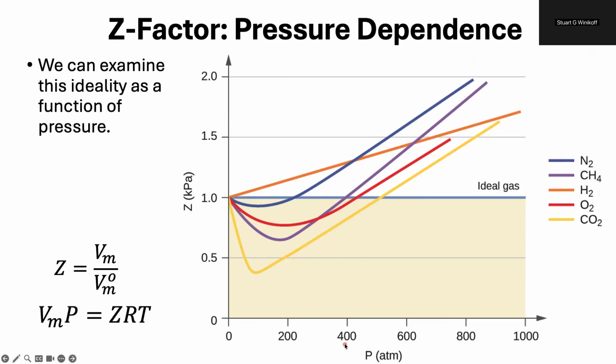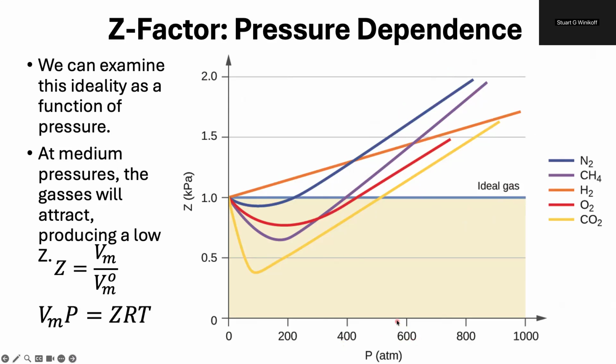But notice that this often might not be the case until you're above 400 to 600 ATM. So this is really high pressures. At these medium pressures, however, we see something a lot more interesting.